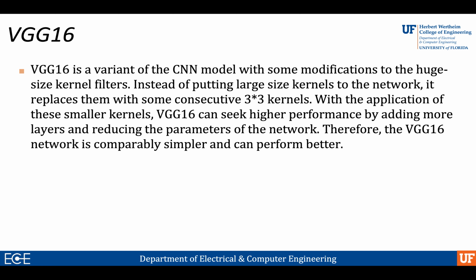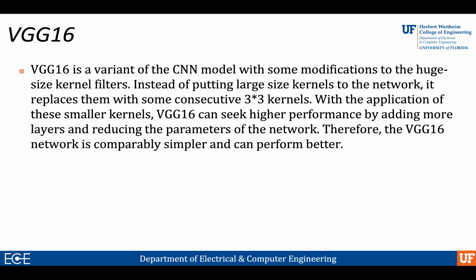So next, the VGG16 model is a variant of the CNN model with some modifications to the huge size kernel filters. Instead of putting large size kernels in the network, it replaces them with some consecutive 3 by 3 kernels.